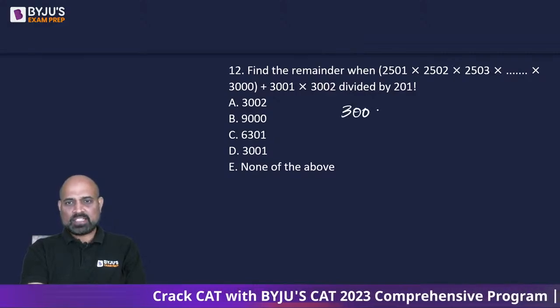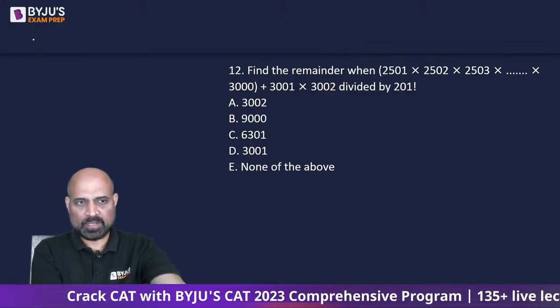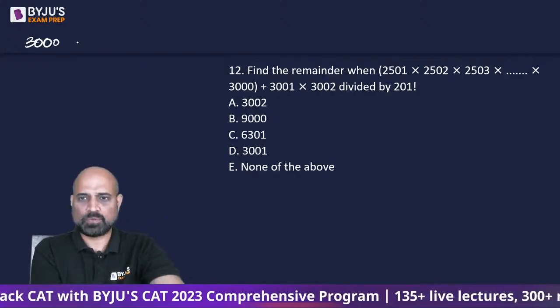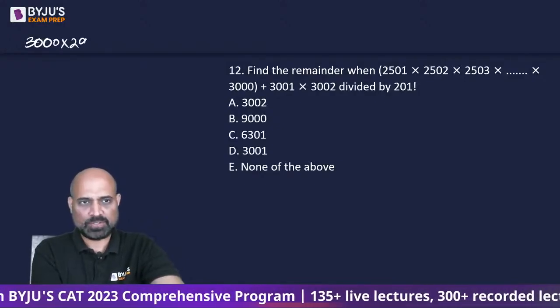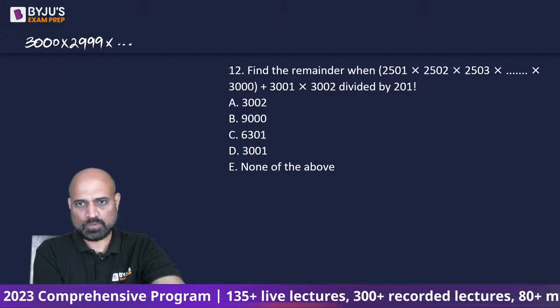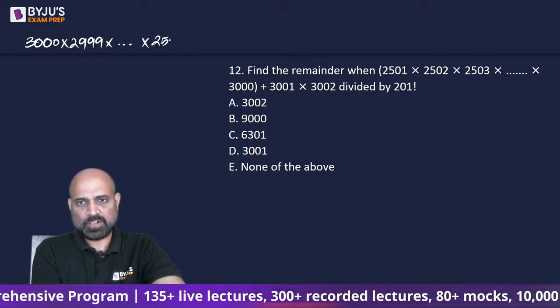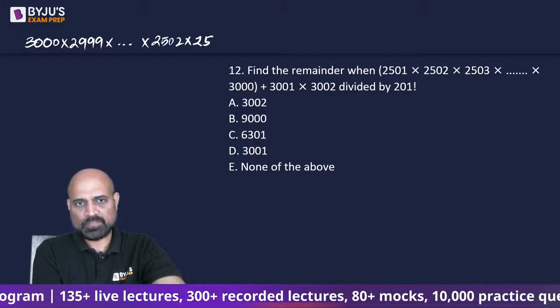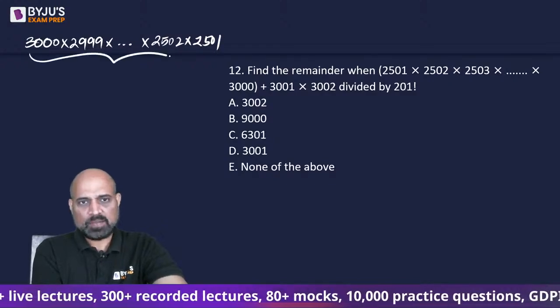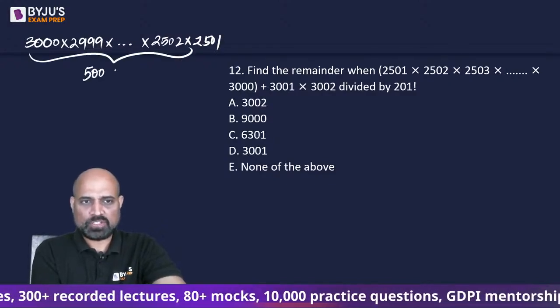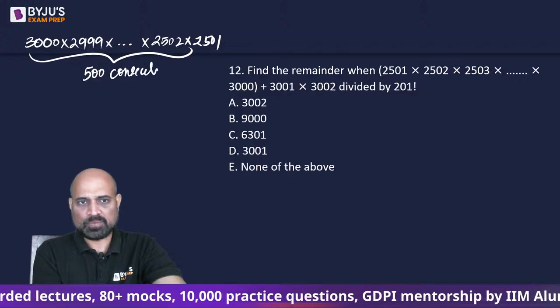I'm going to rewrite this in a different way, ulta likh raha hu to make it easier to understand: 3000 into 2999 and so on up to 2502 and 2501. This is a product of 500 consecutive natural numbers.